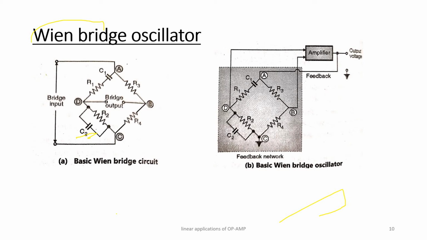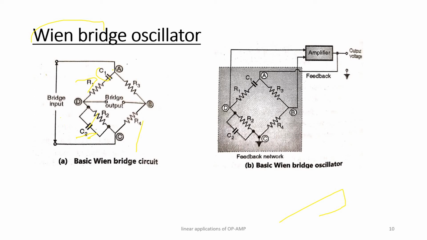Before we start analyzing various circuits for the Wien bridge oscillator, we discuss the basics of the Wien bridge. The Wien bridge, which is used as a feedback network in the Wien bridge oscillator, is shown in figures A and B. The Wien bridge of figure A has four arms. The arm AD consists of the series combination of resistance R1 and C1.